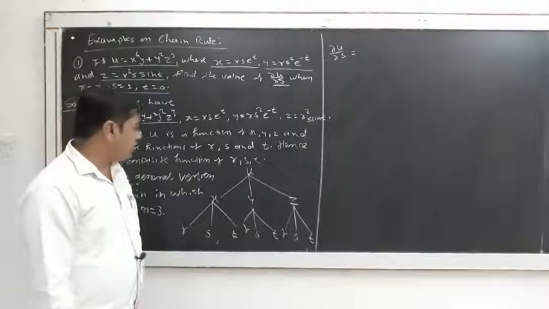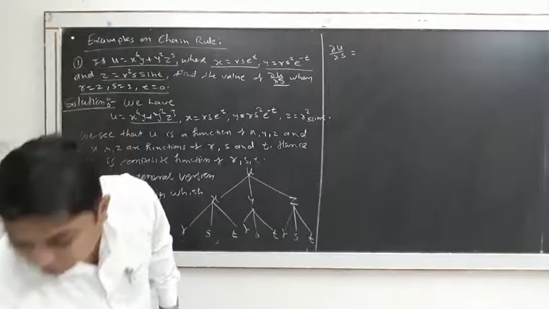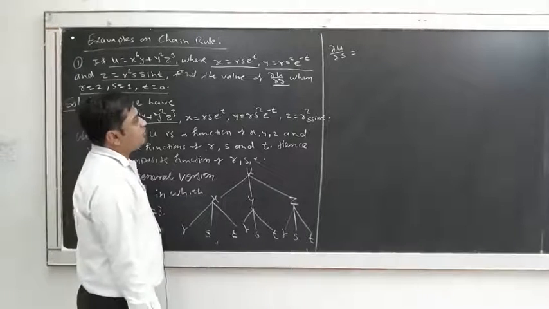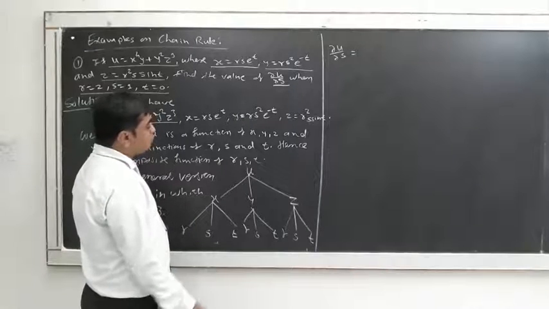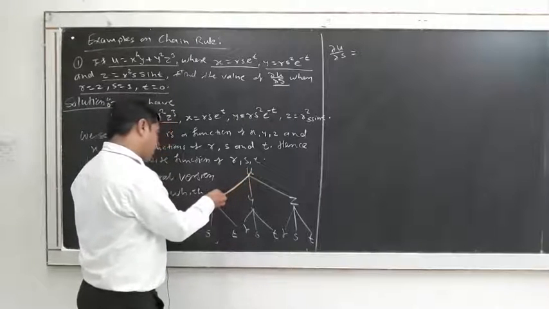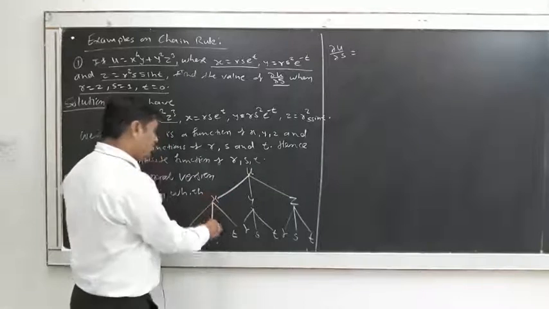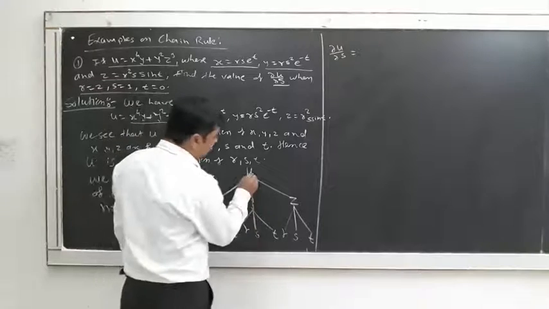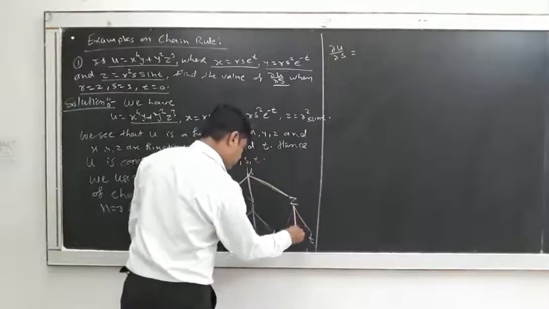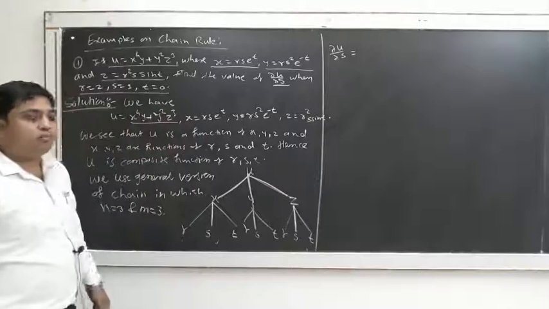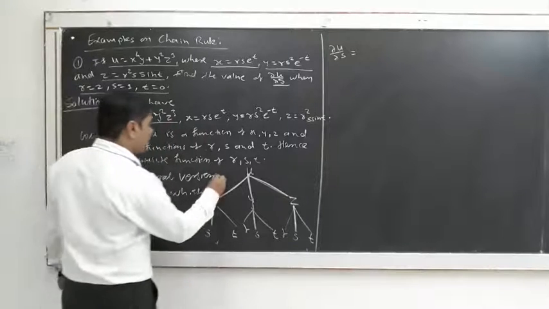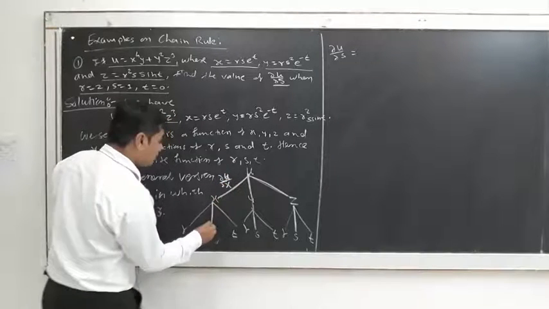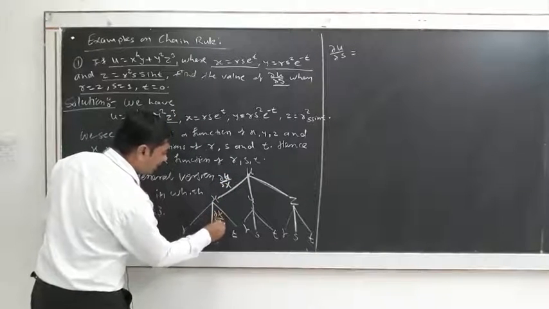Okay, so what we can write now? We have to write del u by del s, and for this which path do we have to take? Path from u to s. So this is our first path, then this is our second path, and this is our third path. And you have to write all the partial derivatives: del u by del x, and del x by del s.